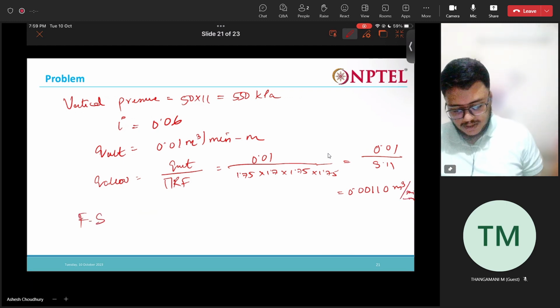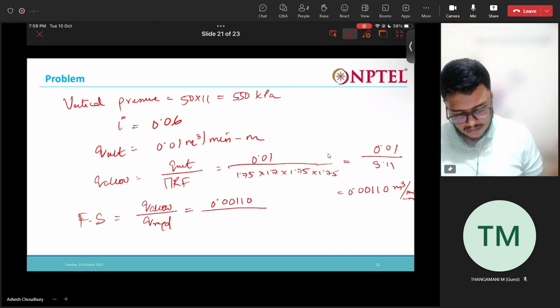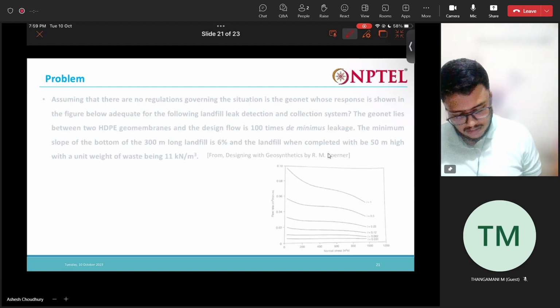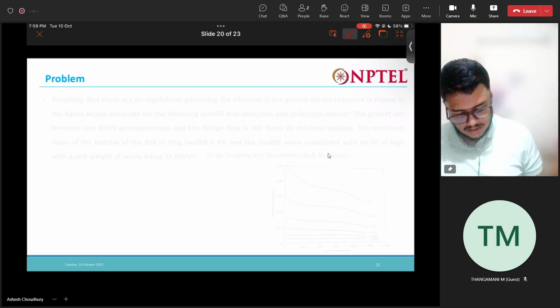Therefore, factor of safety is the required 2.08.